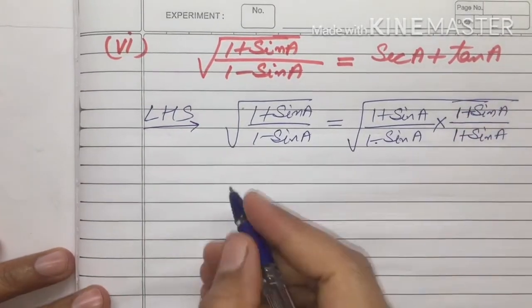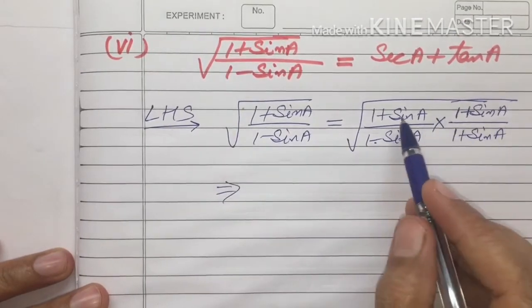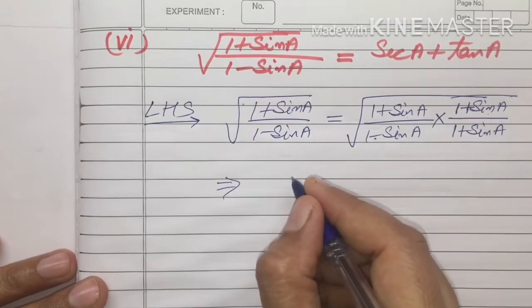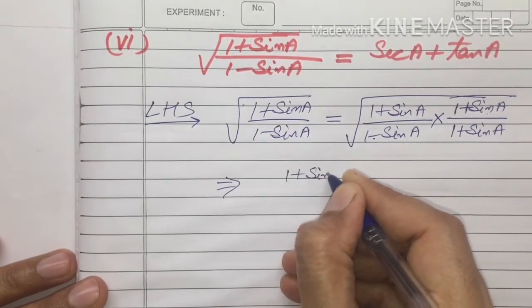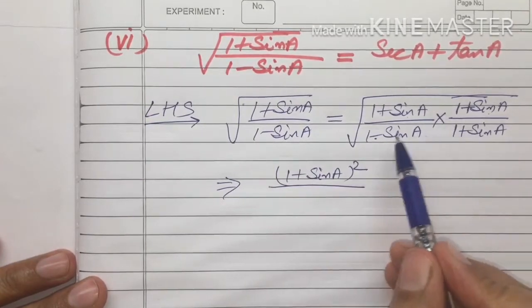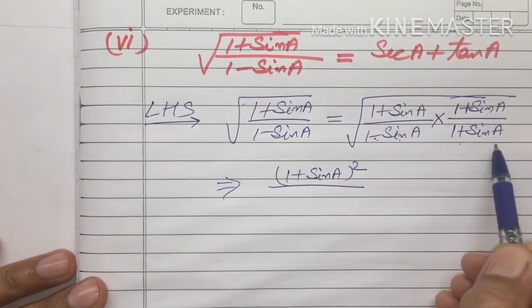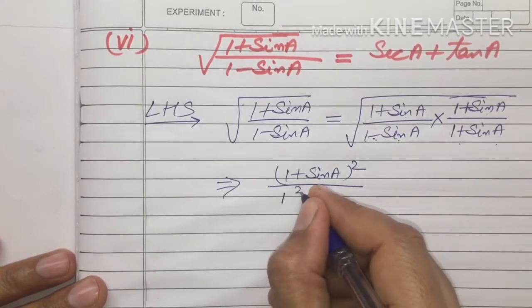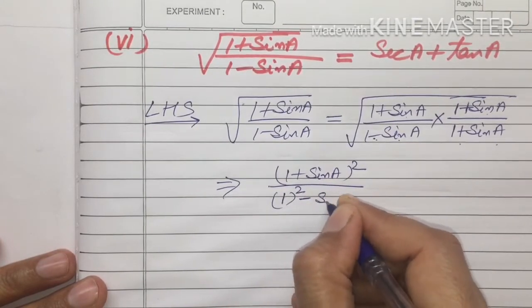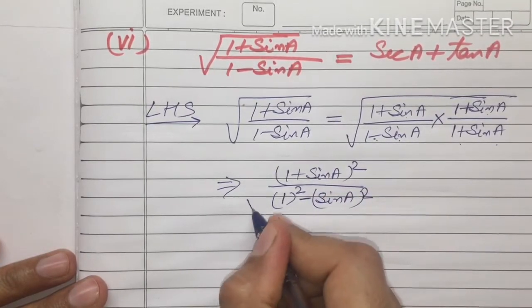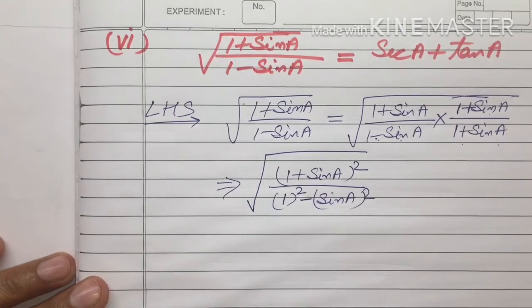In the next step, 1 plus sine A and 1 plus sine A, two times multiplication, so 1 plus sine A whole square, and down, A minus B and A plus B. So this identity, A square minus B square: A square is 1 square and B square is sine square A. And don't forget the root is there.